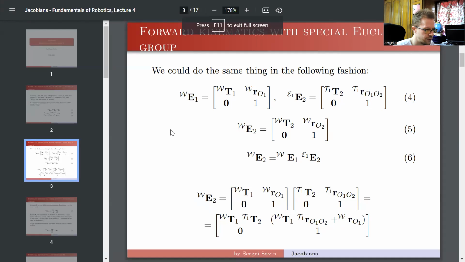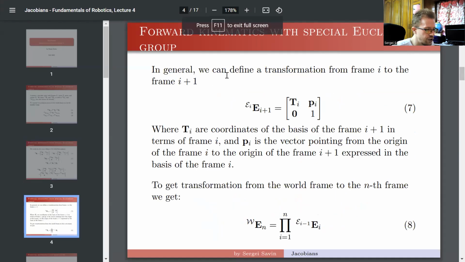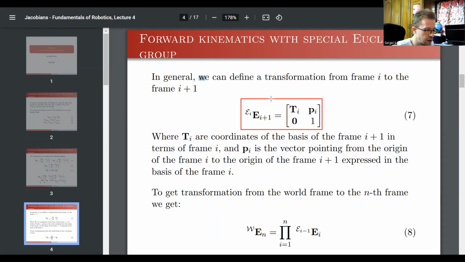So let me show you the general setup. In general, what happens is we have frame transformation given like this. We have a next frame expressed in terms of the previous frame by its basis coordinates in the previous frame, by the distance between the previous origin and the current origin expressed in the basis of the previous frame, zeros and 1 here.